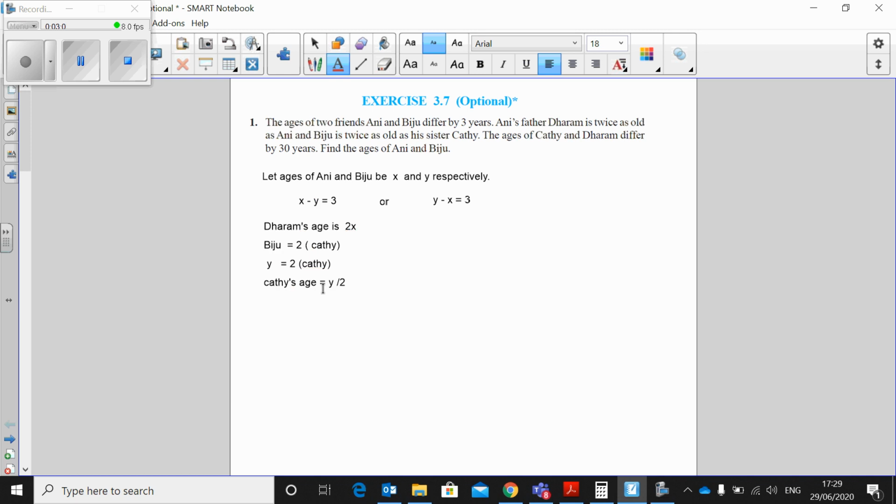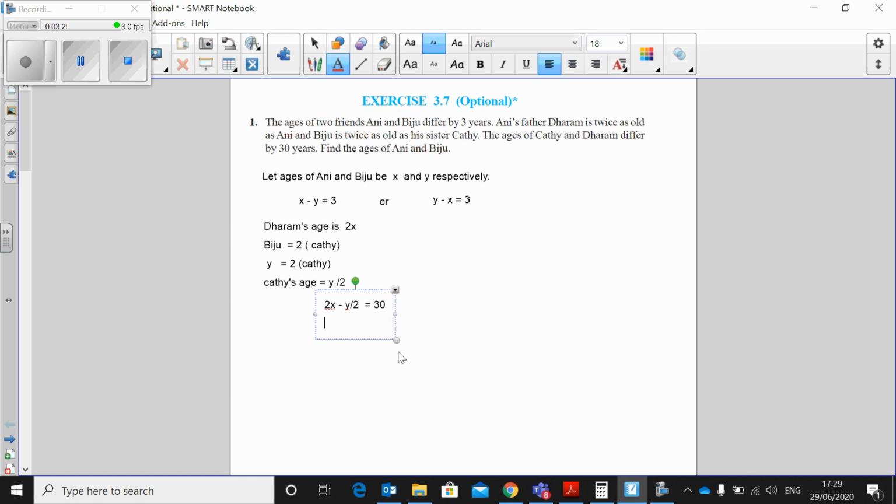That means 2x minus Y by 2 is equal to 30. In this statement, there is no need to write Y by 2 minus 2x, since we know 2x is greater than Y by 2. So we got two equations. One is x minus y equal to 3 and 2x minus y by 2 equal to 30. Let us bring the equation into standard form.